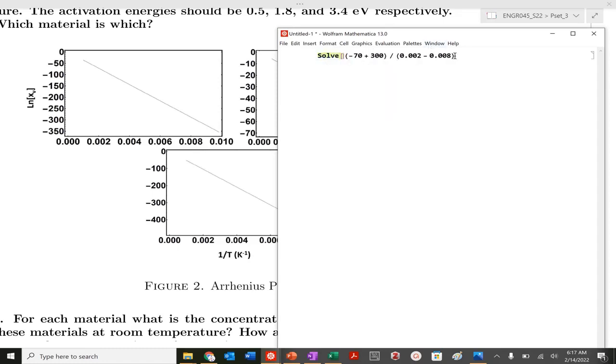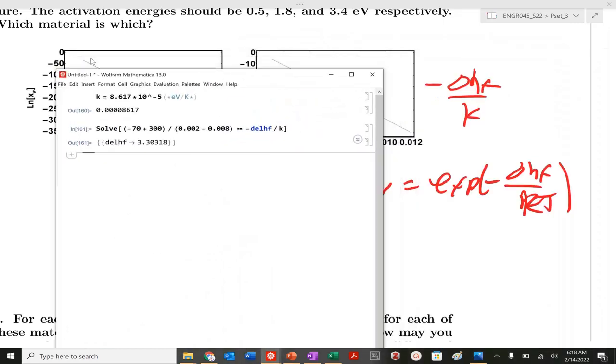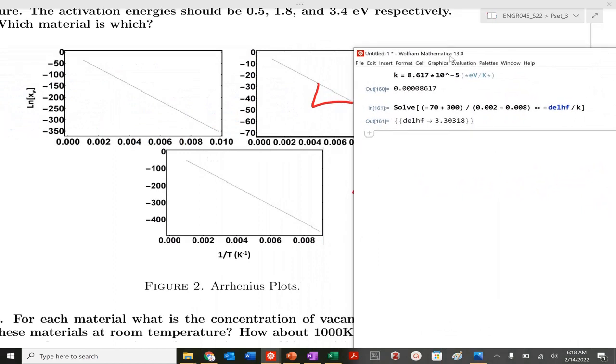The slope is equal to minus delta H_F divided by k, where k is equal to 8.617 times 10 to the minus 5. Minus k, because we're using this in units of eV per Kelvin, not Boltzmann. So let's solve here. So that's 3.3. Let's solve all of them first, and then get moving.